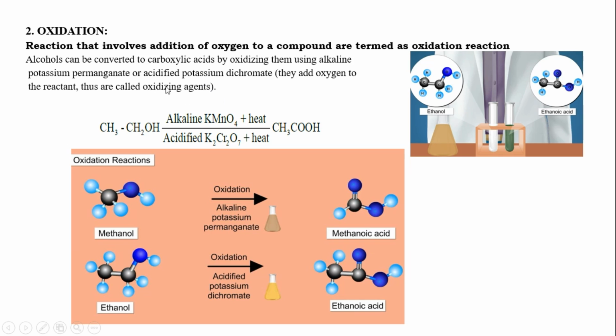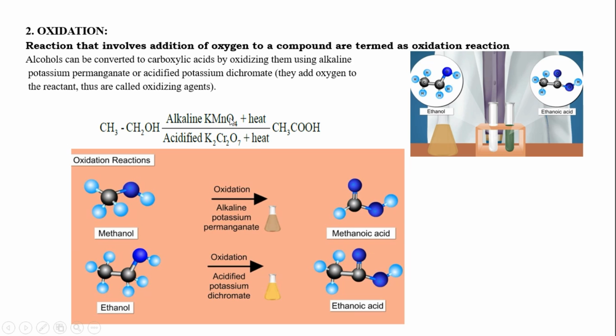Now in this example, the oxidizing agents are alkaline KMnO4, whose common name is potassium permanganate, or acidified K2Cr2O7, also called potassium dichromate.